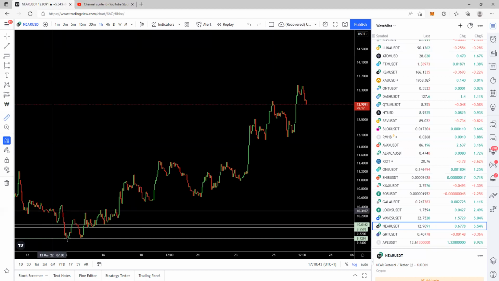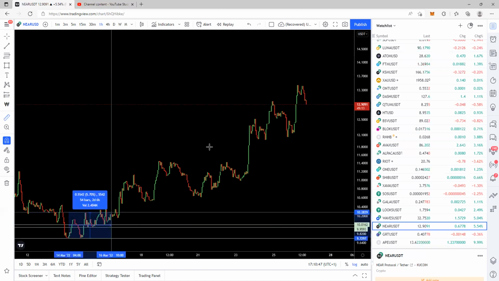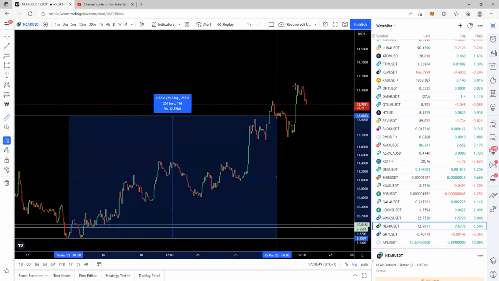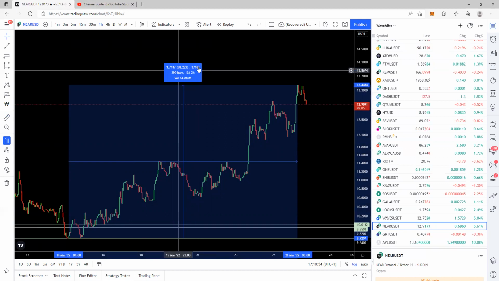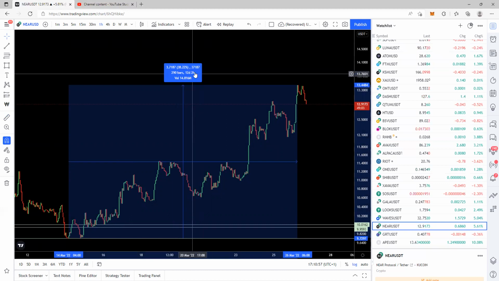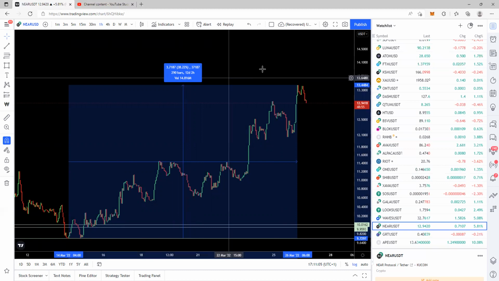So let's take a look and see how much of a percentage gain we had. That was a 38.22% return over the course of 12 days and 2 hours.